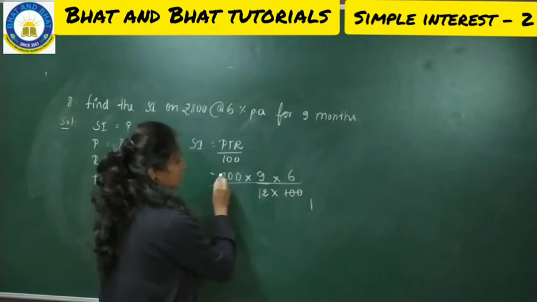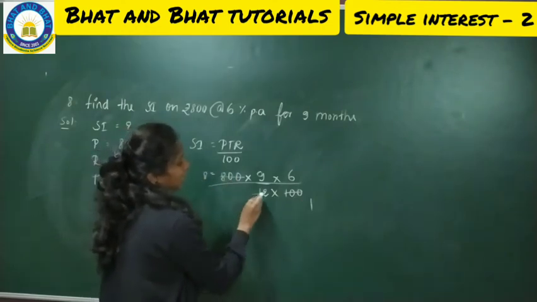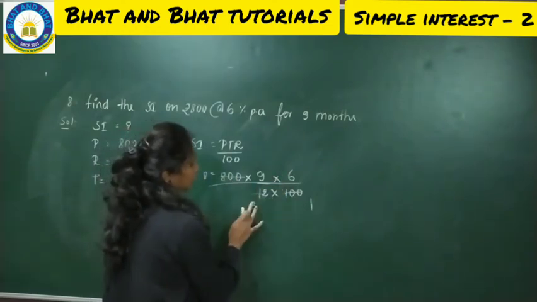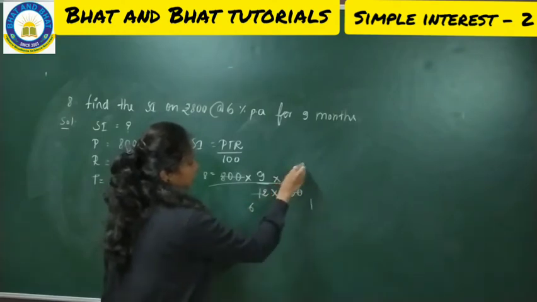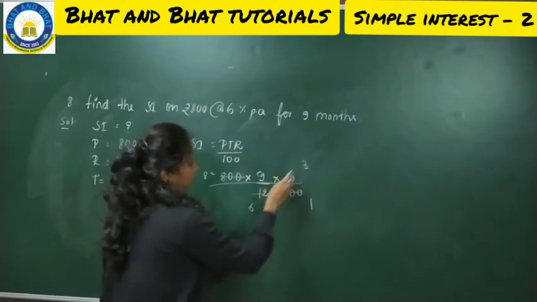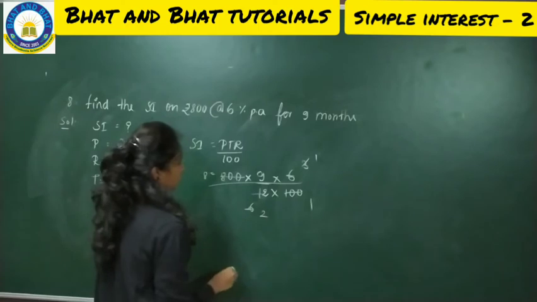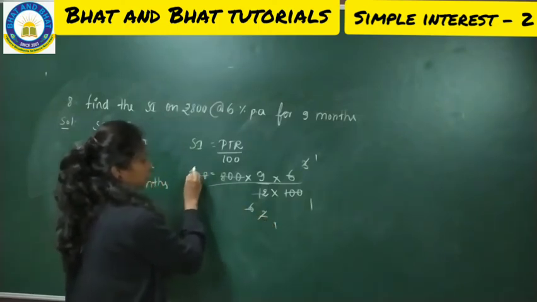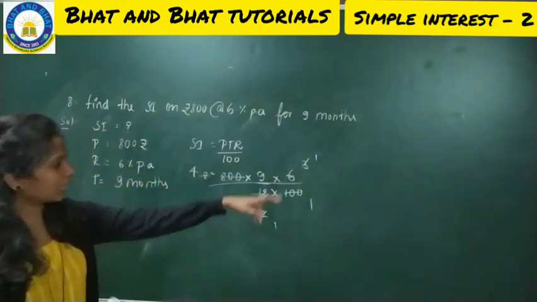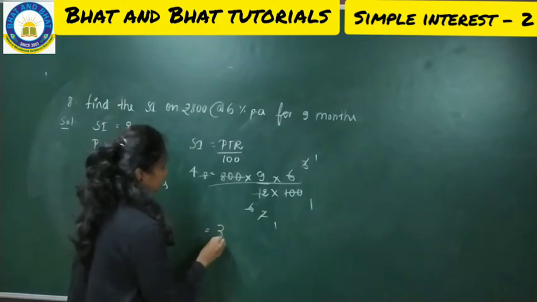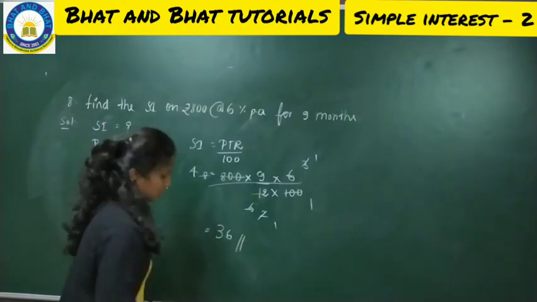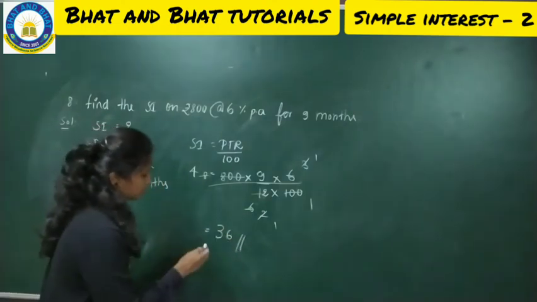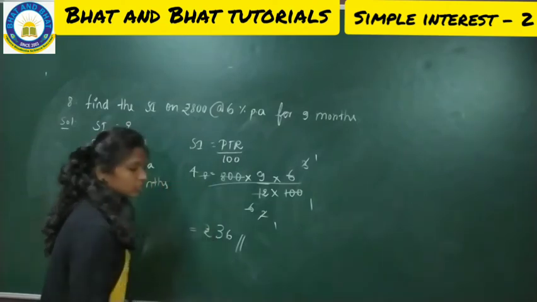So 100 ones are 100, 100 eights are... again 4 3s... 2 6s are 12, 2 3s are 6... 2 1s are 2, 4s are... so 4 into 9 is 36. So what is the simple interest now? The simple interest is rupees 36.